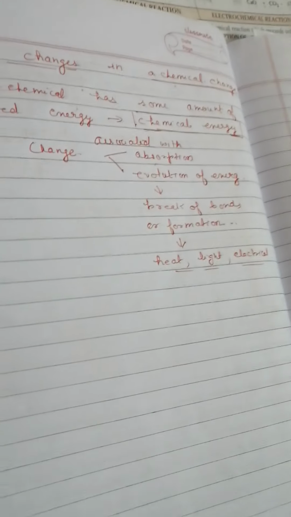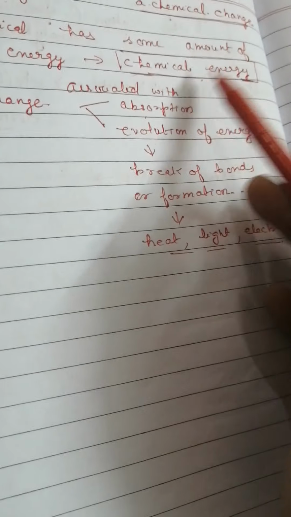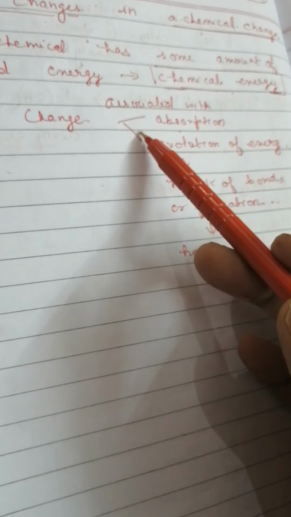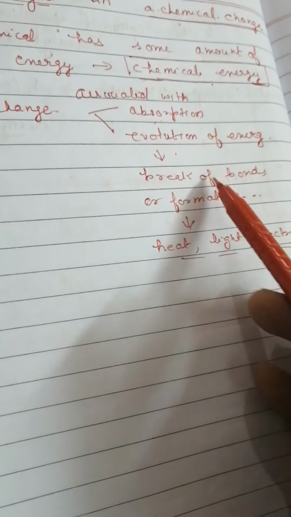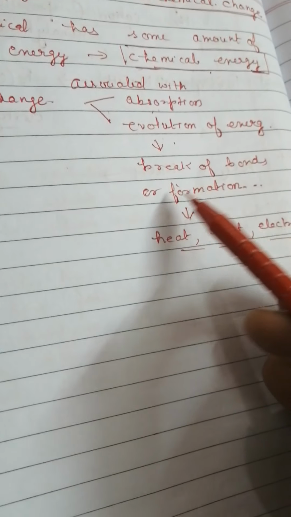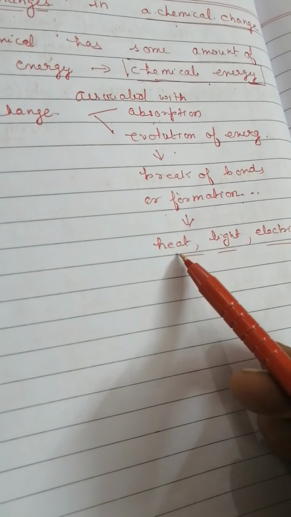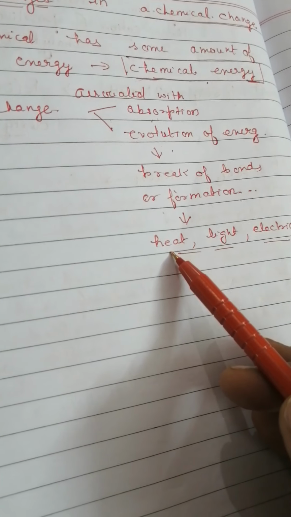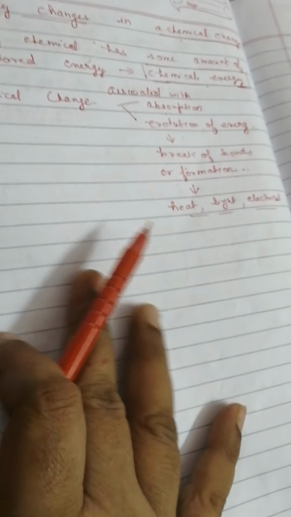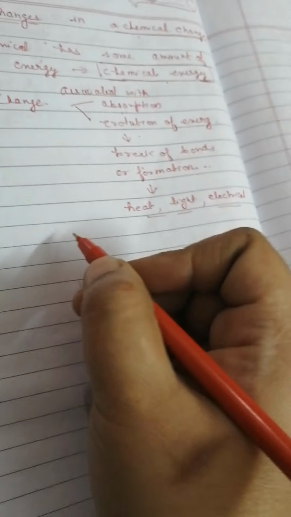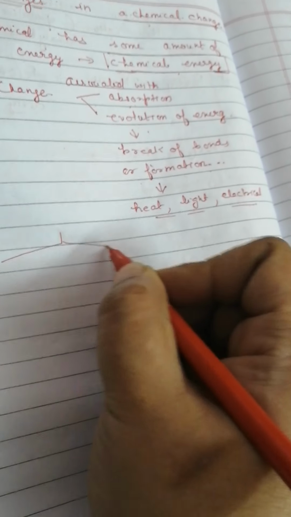So every substance contains chemical energy. For the chemical change to happen, there should be absorption or evolution of energy, which helps in the breaking up of the bonds and also the formation of the bonds. And this energy, released or absorbed, can be in the form of heat energy, light energy, or electrical energy. Now depending upon whether heat energy is absorbed or released, we have two different types of reaction that you already know.